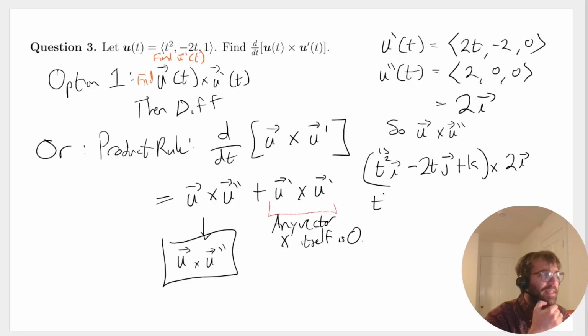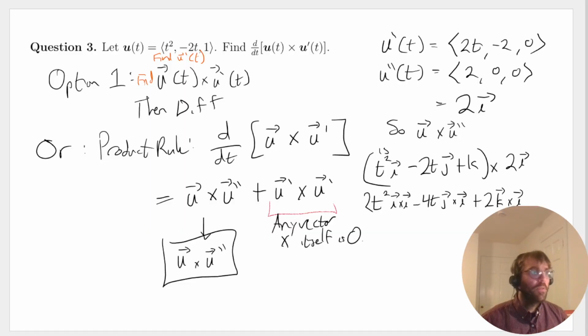This is going to be 2t squared, i cross i. This is going to be minus 4t, j cross i. This is going to be plus 2k cross i. I'm just multiplying things. So for example, for that last one, that's k times 2i cross product. So k's on the left, i's on the right, and the 2 you can put out in front.